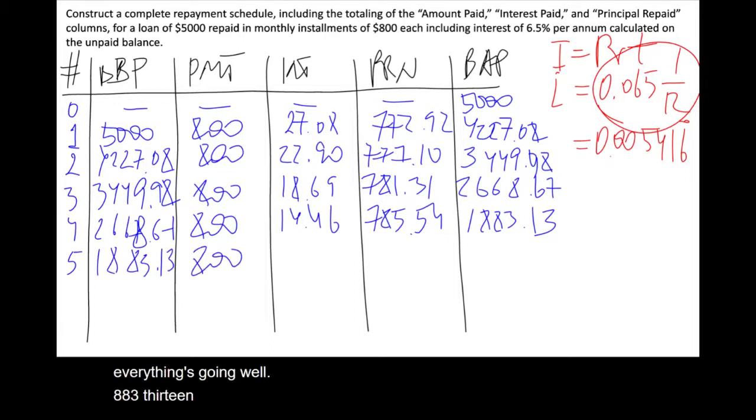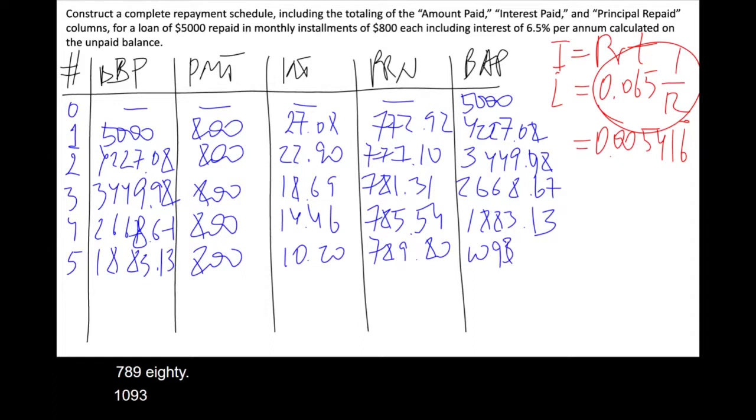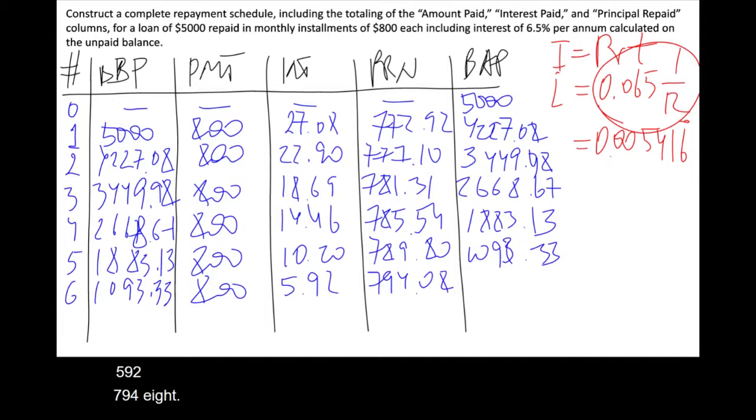1883.13, 800, 10.20, 789.80, 1093.33. So line 6, 1093.33, 800, 5.92, 794.08, 304.25.